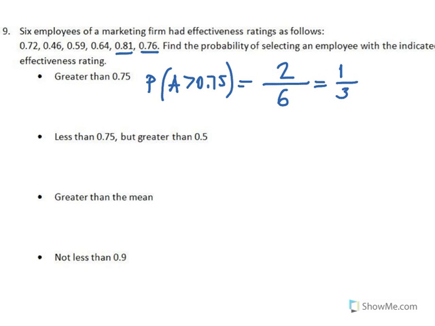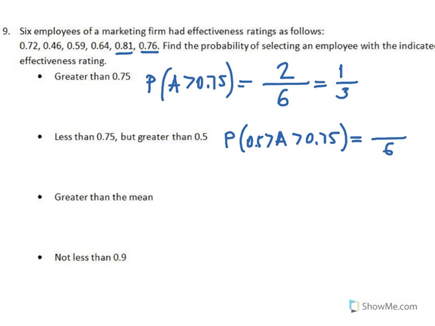Okay. Now let's move on and find out the probability of less than 0.75 but greater than 0.5. So the probability of event A being greater than 0.5 but smaller than 0.75, what is that going to be?